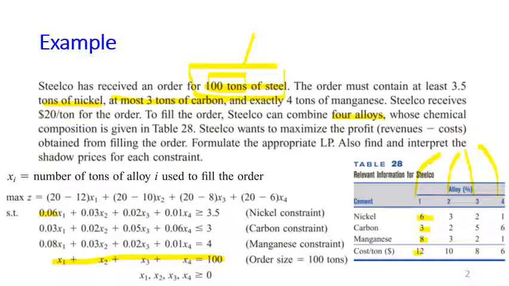It means 6% of X1, the amount of alloy 1 that you used, contains nickel. And then 3% of X2, so 0.03 here, 2% becomes 0.02, and finally 1% of alloy 4 is nickel, so 0.01 X4 must be greater than or equal to 3.5.